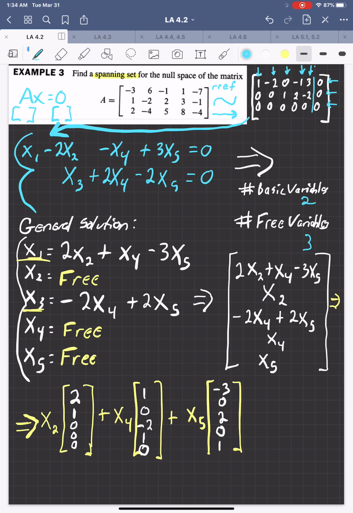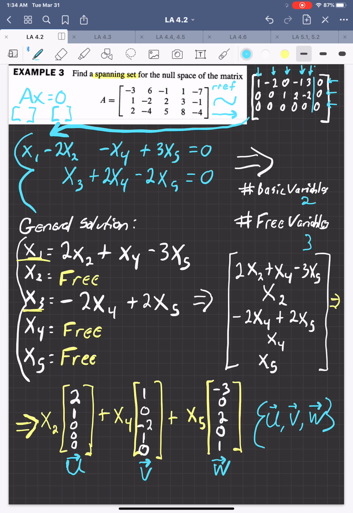To make this easier, I'm just going to call this vector U. I'm going to call this vector V. And I'm going to call this vector W. So, are you ready? What is the set of vectors that span that null space? Well, I would need U, V and W.